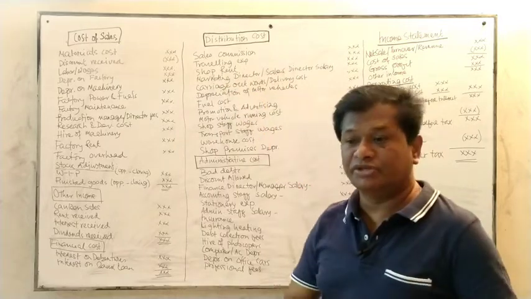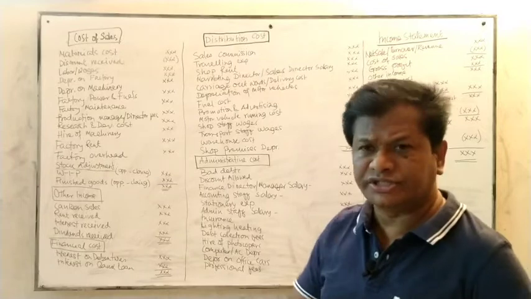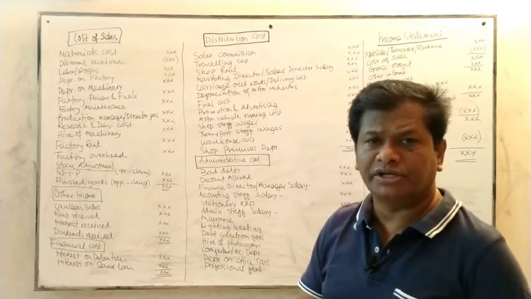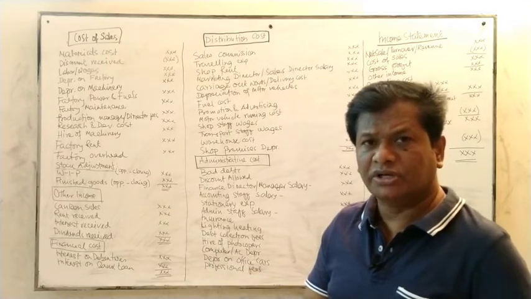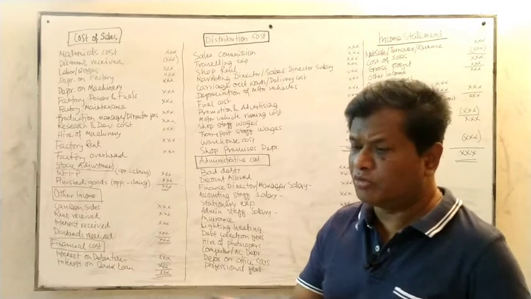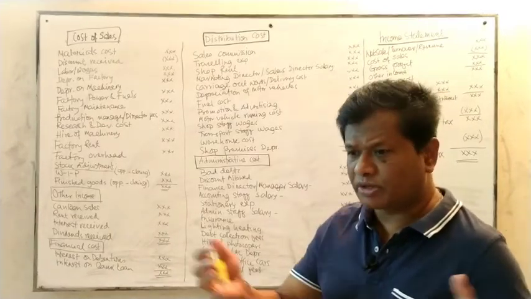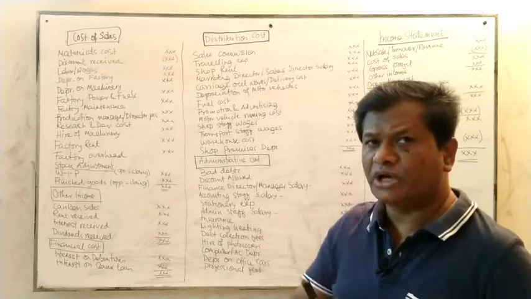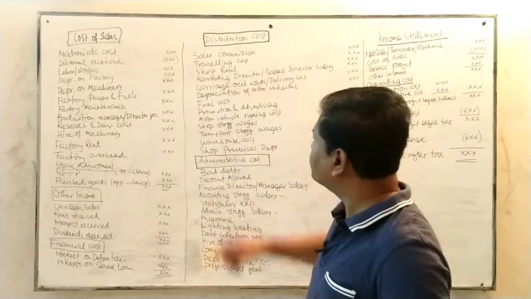Shop rent: in a big organization, a lot of outlets are set up around the country or outside the country. Sometimes you have your own premises, but in most cases you are hiring places or buildings where you can set up your shop. So some rent is to be given to them. This is the shop rent.